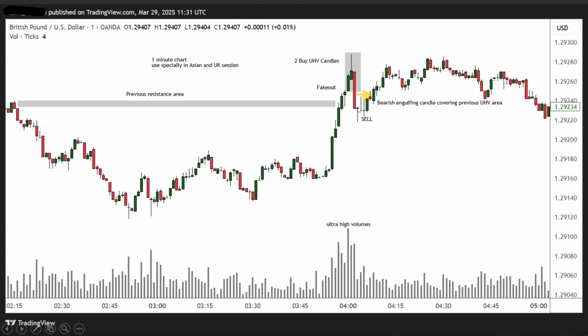If you see ultra high volume in this sell candle, still you will sell. If you see low volume, that is very good as well. Here you will sell, you will place stop loss above, and you can expect 1:3, 1:4, 1:5. Sometimes the market collapses quickly, and sometimes the market starts ranging for a while and then drops very aggressively to the downside. So that is the setup, the engulfing setup.